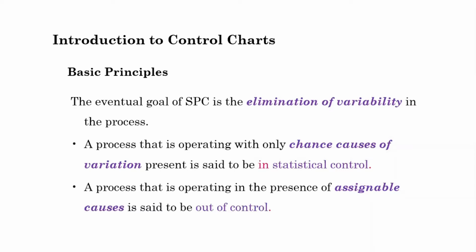The other type of variation is a variation that would be caused by a specific assignable reason, and that reason would significantly impact our intention.